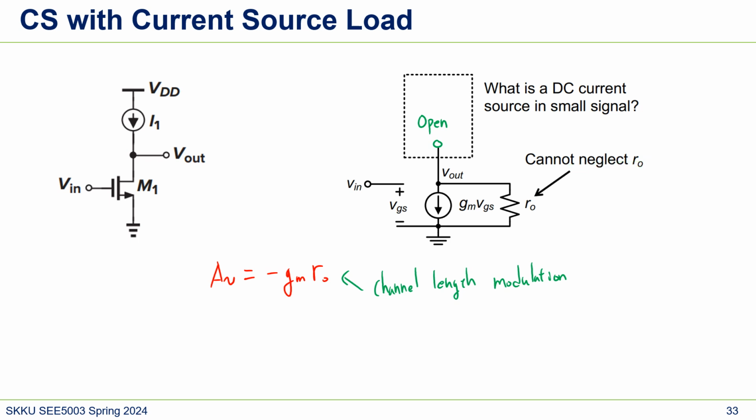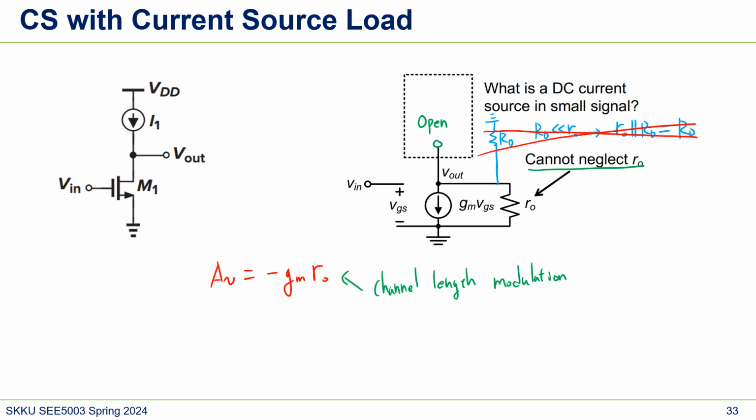So as I said, circuit design involves a lot of approximation. Before we could have ignored the rO because we had some RD here, right? In our previous case, we had RD, and RD was a lot smaller than rO. So rO parallel RD is just RD. That's how we ignored rO before, but now we cannot, since we don't have it.